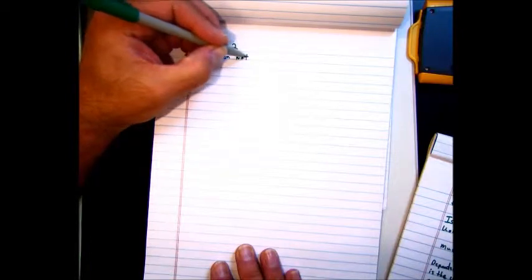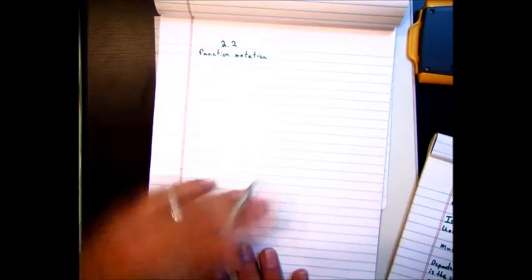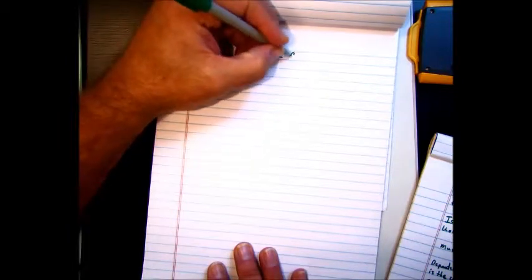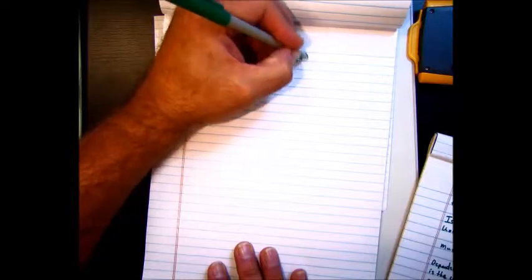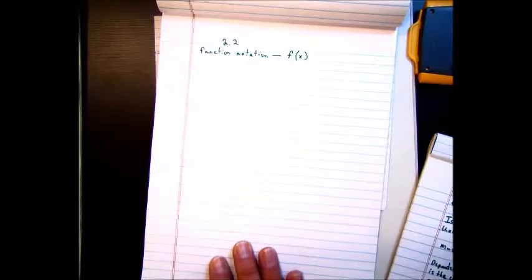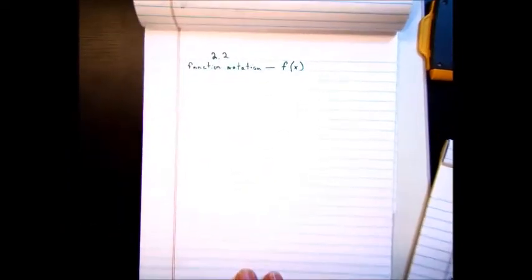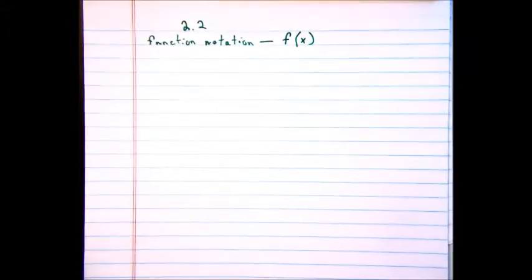Function notation is when you use f of x, d of x, p of x, whatever it is, as long as whatever's in the parentheses describing the function is also used in the actual expression itself.